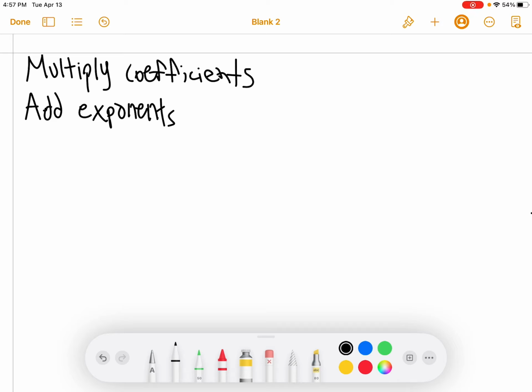So let's look at an example where we would distribute. How about 5x to the 4th power times (3x squared plus 5x plus 6).